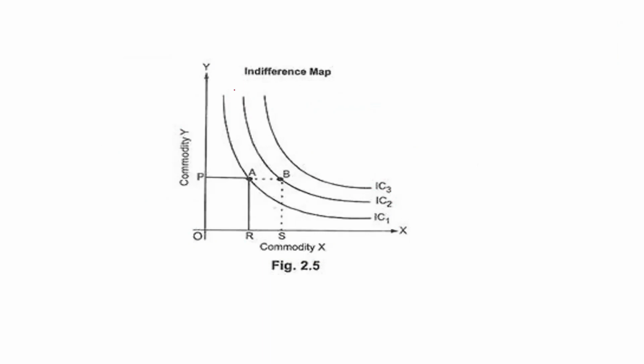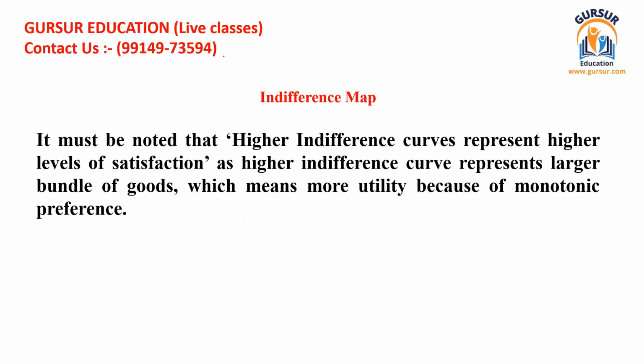There are three different indifference curves telling you the different preferences or levels of combinations of two commodities. When we plot these different levels, whatever we get is known as the indifference map.